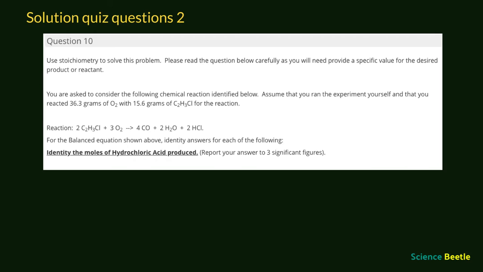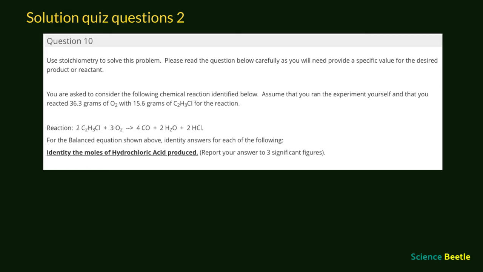The question's asking you to consider how many moles of hydrochloric acid are produced. We already know that the limiting reactant for this problem was the first reactant, the C2H3Cl. And we're being asked to consider how many moles of hydrochloric acid, that's HCl.